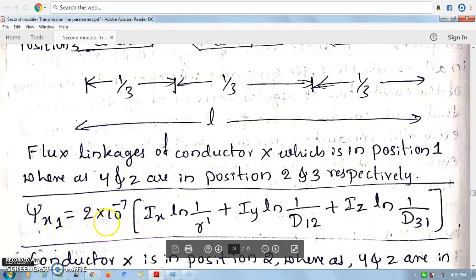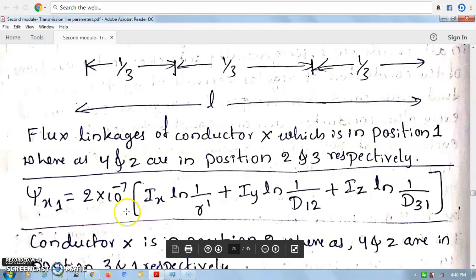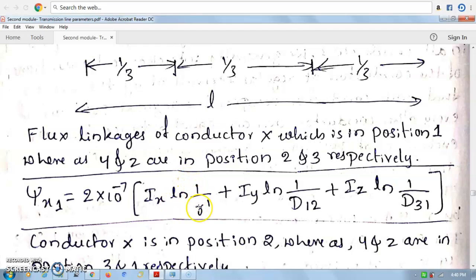The flux of the x conductor, where the subscript 1 indicates conductor x is at the first position, is equal to 2 into 10 to the power minus 7, with x conductor current Ix, times ln of the flux of itself, next the flux due to the Y conductor, next the flux due to the Z conductor. The flux of itself involves its radius, 1 by r dash, plus the flux due to the Y conductor: whatever current flows through the Y conductor gives flux linkage to the X conductor.